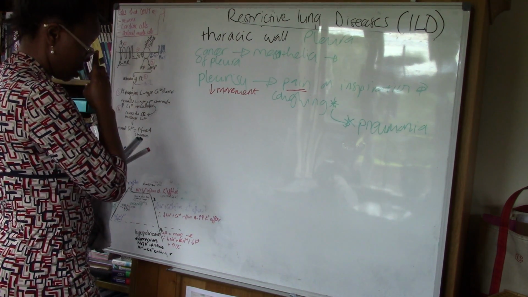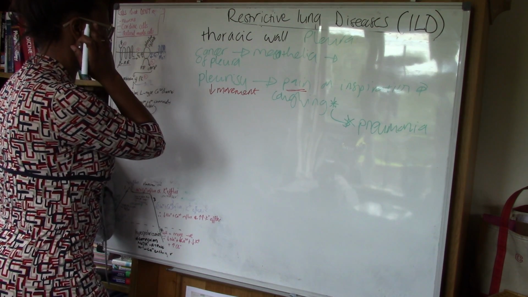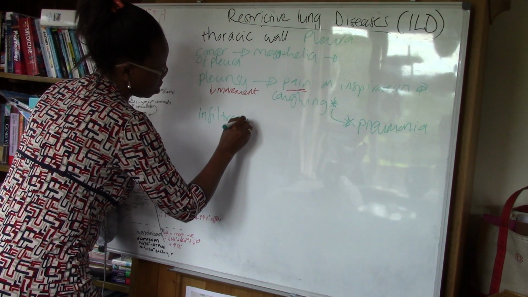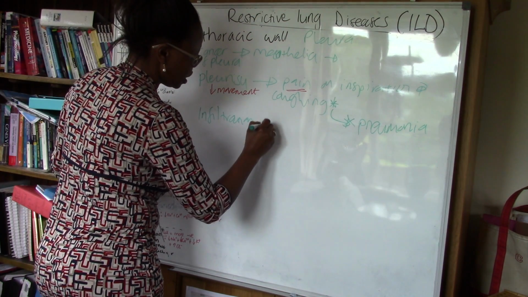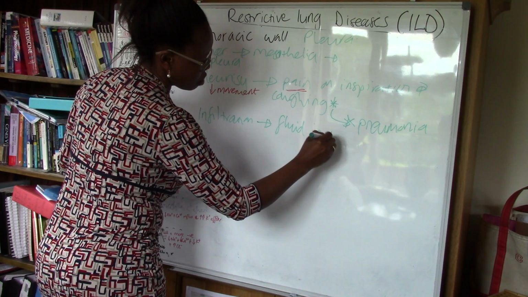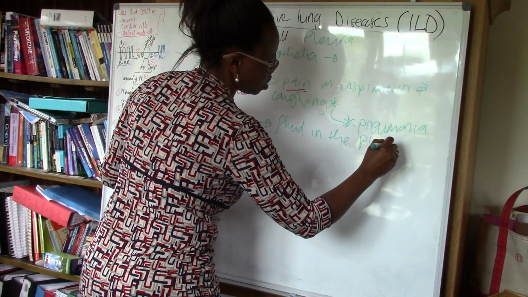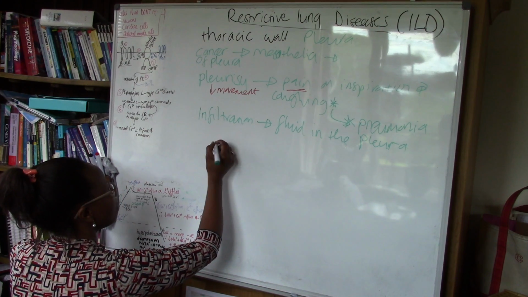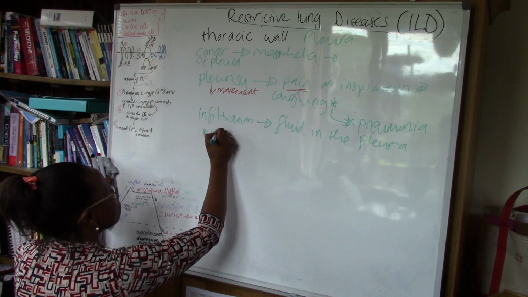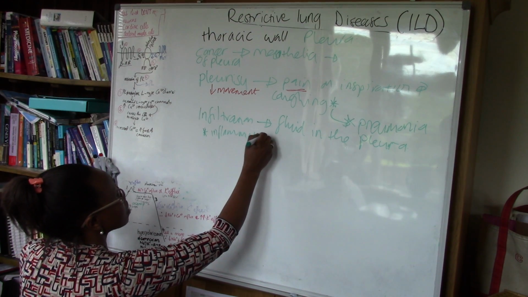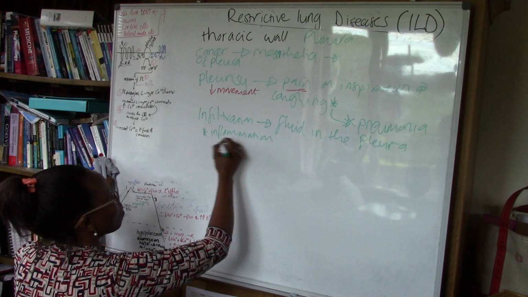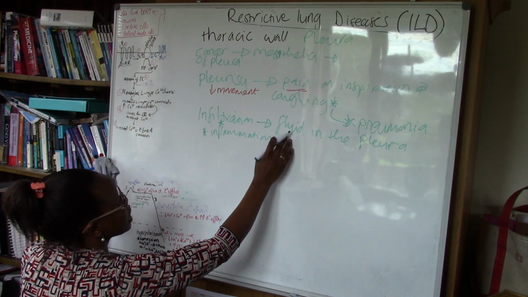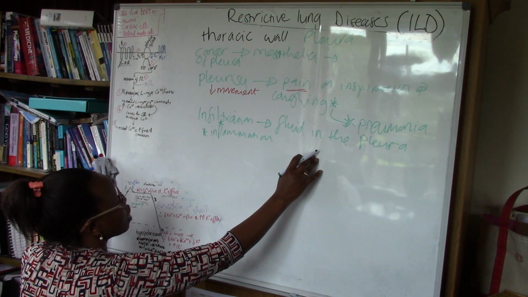I'm also thinking about things like infiltration, as in having fluid in the pleura. So the fluid in the pleura can come from an inflammatory process causing inflammation, or an infection, again leading to infiltration, but really it's the fluid in the pleura.